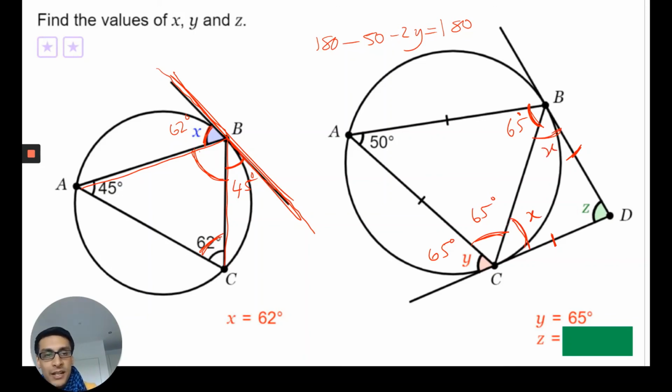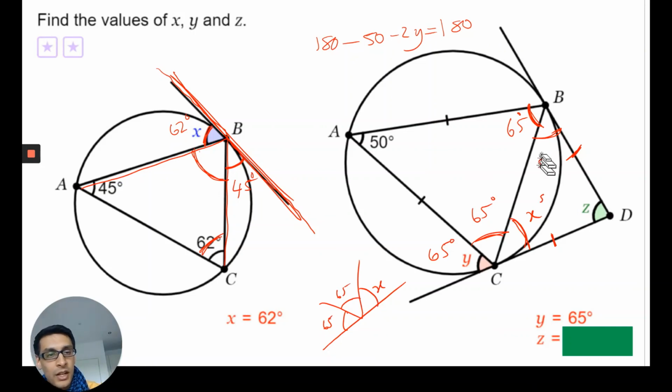Now to find X, we know that this is just a straight line. So if I just sketch this section out down here, essentially we have 65, 65, and X, and that adds up to 180. So do 180, take away 65, take away 65. So X is 50 degrees, which means that X is also 50 degrees.